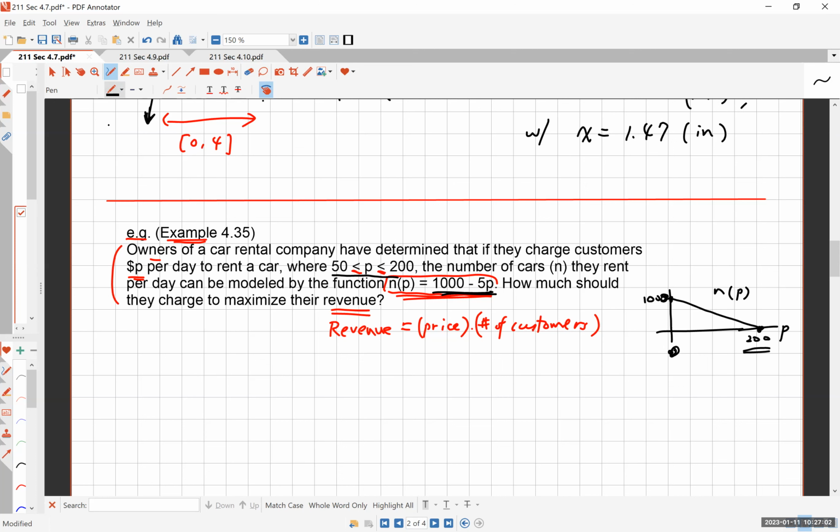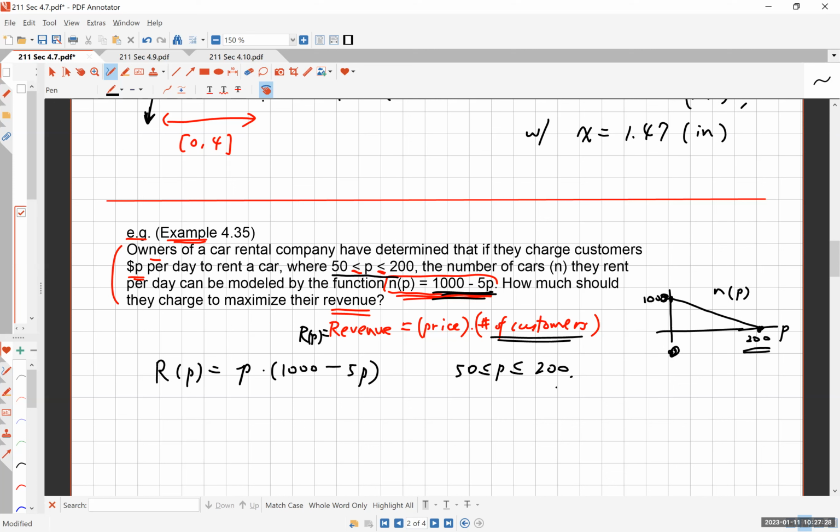All right, let's look at the revenue. This is going to be called R of P because the revenue depends on the price. The revenue is the price, which is P, times the number of customers that will be renting the car at that price, which is explicitly given as 1,000 minus 5P. We are given P is between 50 and 200.